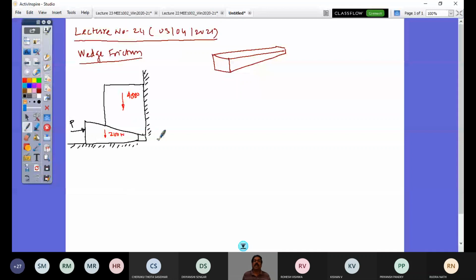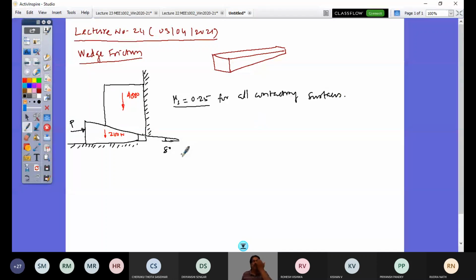This wedge angle here is given as a small angle. Take 8 degrees. Whereas now you are also given a mu s value of 0.25 for all contacting surfaces. Right? For all contacting surfaces, the mu value is given as this.